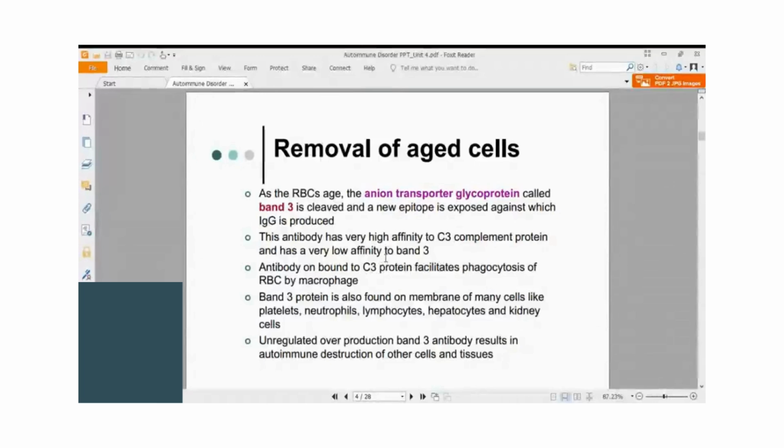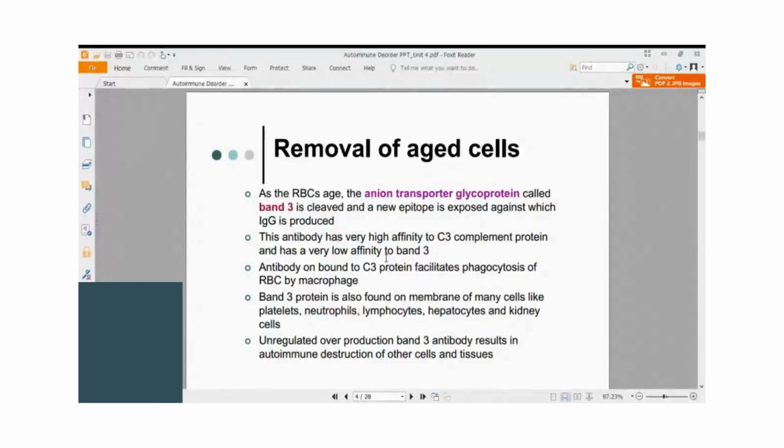It means the amount of antibody produced is in definite proportion, and activation of C3 complement is also in definite proportion. Now let us presume it goes haywire. The antibody that is produced will also be in excess, and will show high affinity, whereas initially it was showing low affinity, and excess C3 complement is produced.